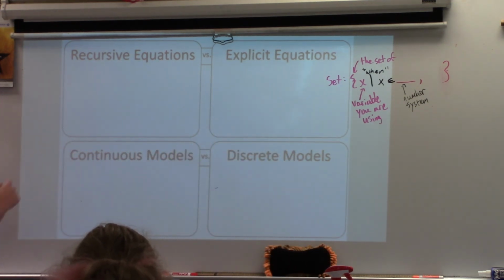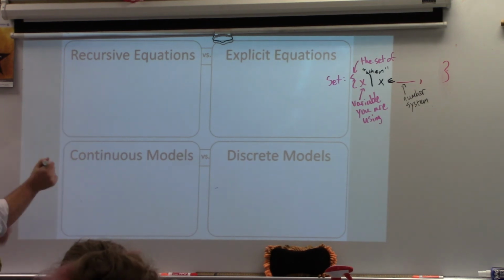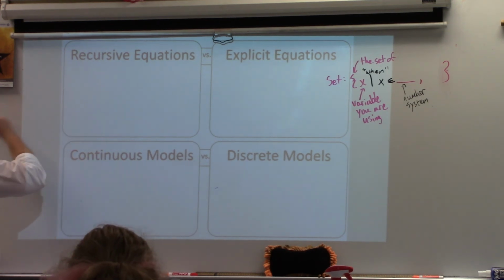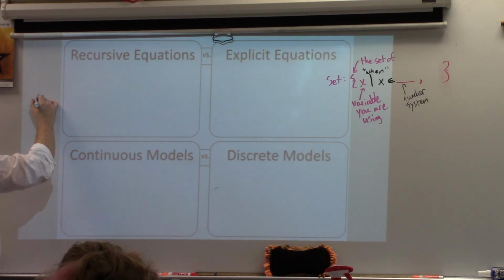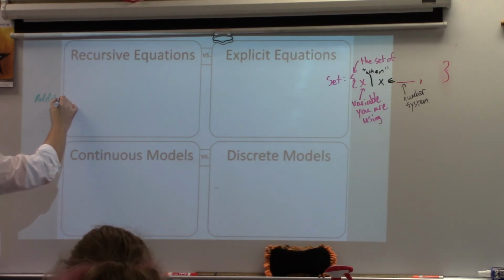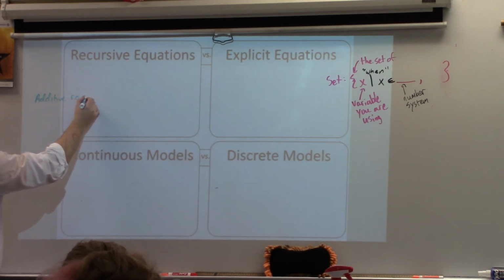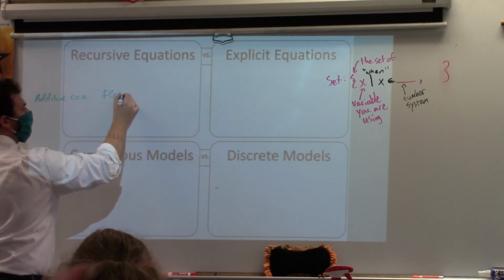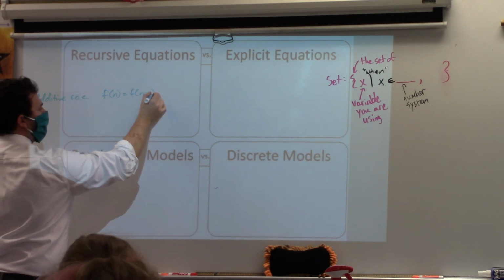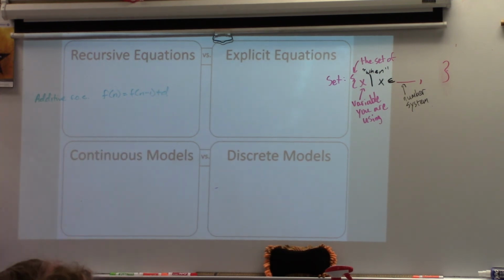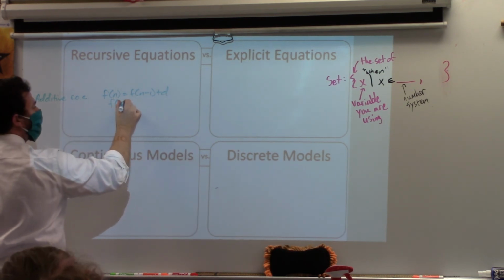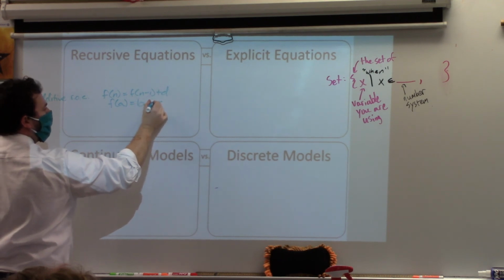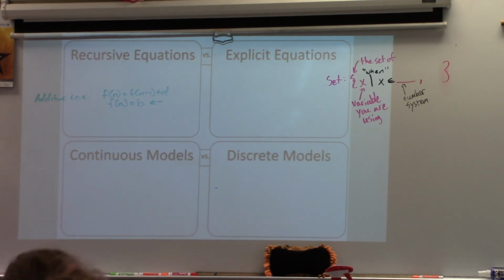We talked about this a little bit yesterday. How would I do a recursive equation for something that has an additive rate of change? What would a recursive equation look like? F of n equals F of n minus 1 plus d. So what is McKay defining here with f of a equals b?